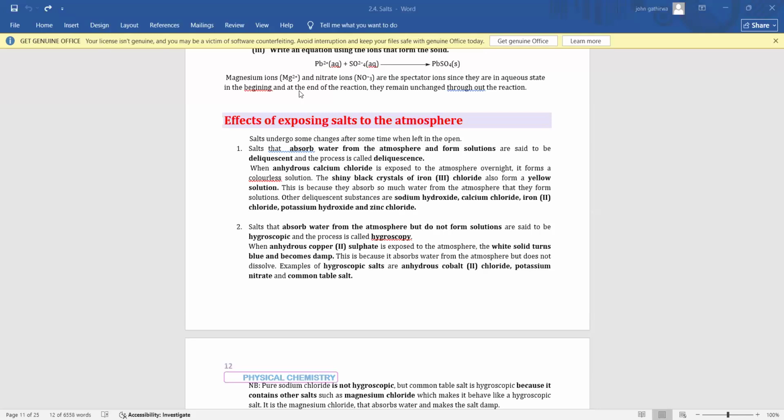Yes, Larry? Will you consider what he said as back titration? When you add the hydroxide to the acid, could you consider it as back titration or direct?